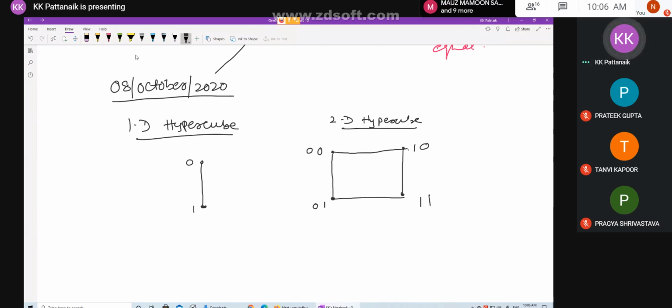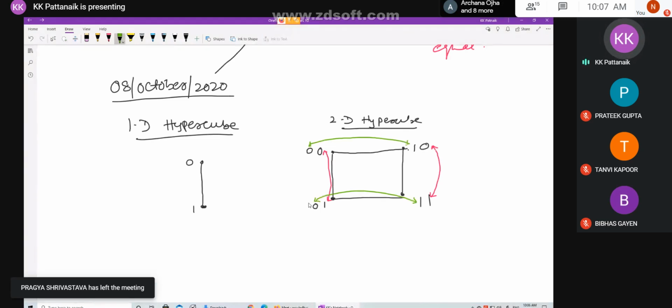So what you see here is that this is one dimension, and another dimension is this. So this is how we constructed a two-dimensional hypercube from two one-dimensional hypercubes. Right? So this labeling is very important.